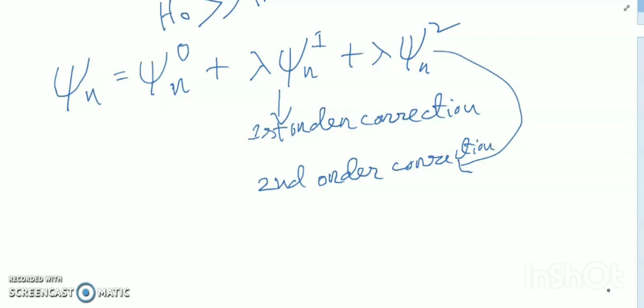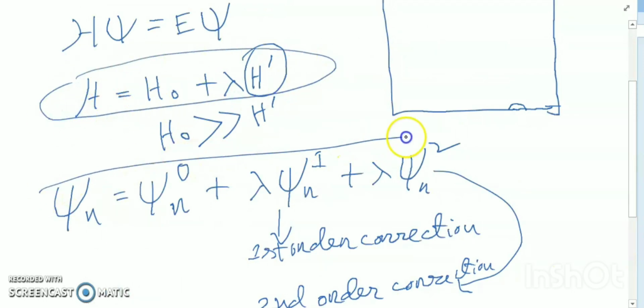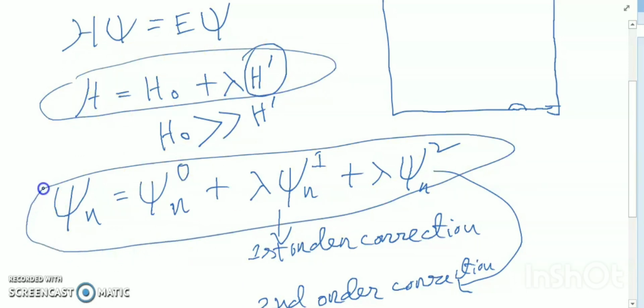For now we do not really care about higher orders, so we can write it in this way: H psi is equal to E psi, where H is H0 plus lambda H dash. I am putting this value in here and it multiplies through.